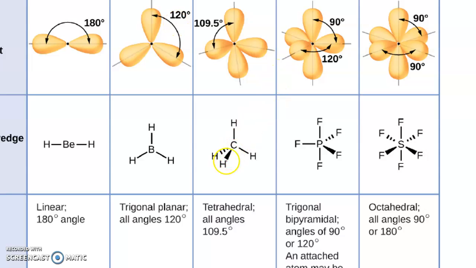If I have four groups, such as the methane molecule, as I have mentioned before, the angle between each electron group is 109.5. And the special name to call this is tetrahedral.